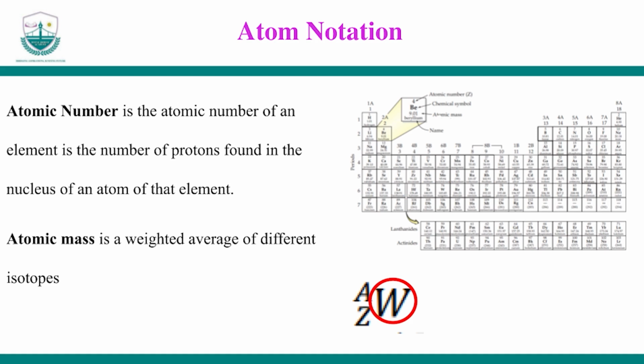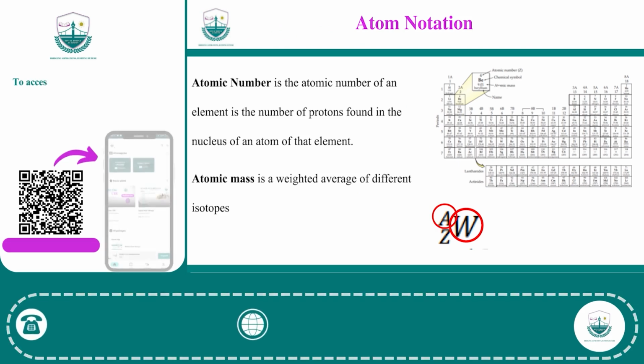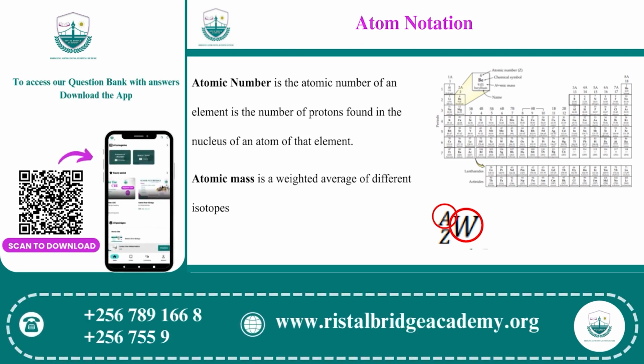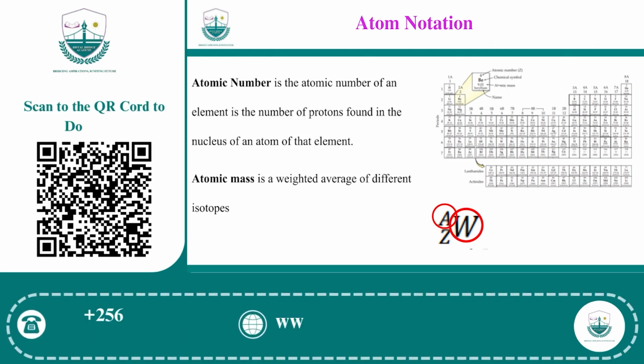So what does this really mean? For each element, we can communicate using its symbol, but we can also communicate its atomic number, which is A. A represents the atomic number.